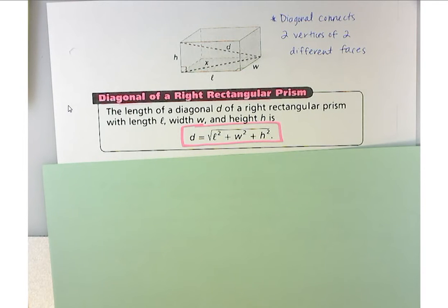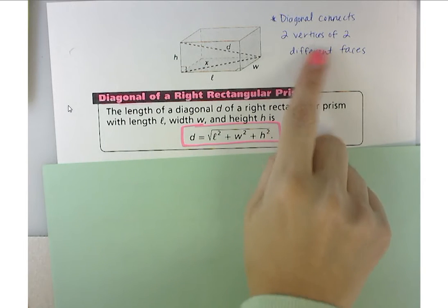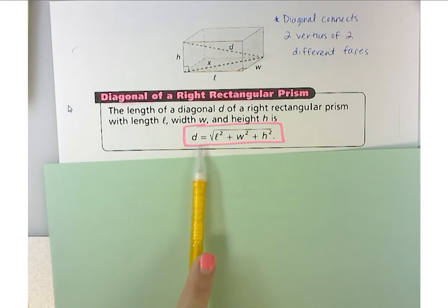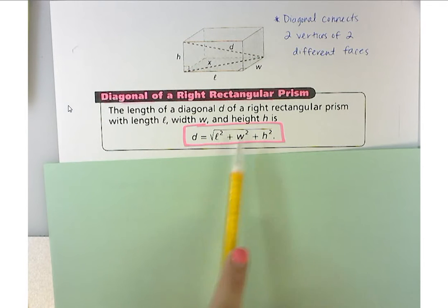Okay, so remember this is a 3D shape. The diagonal is going to connect 2 vertices of 2 different faces. The length of a diagonal is going to be equal to the square root of the length squared plus the width squared plus the height squared.